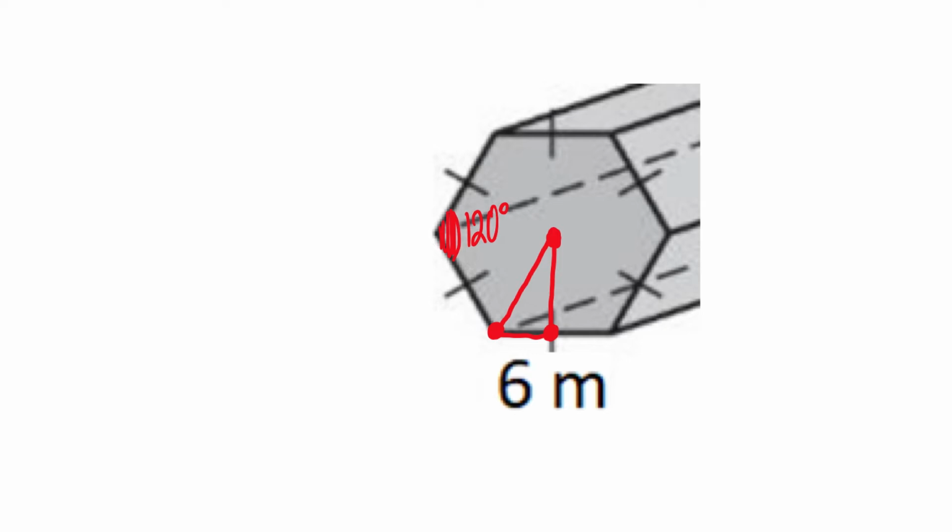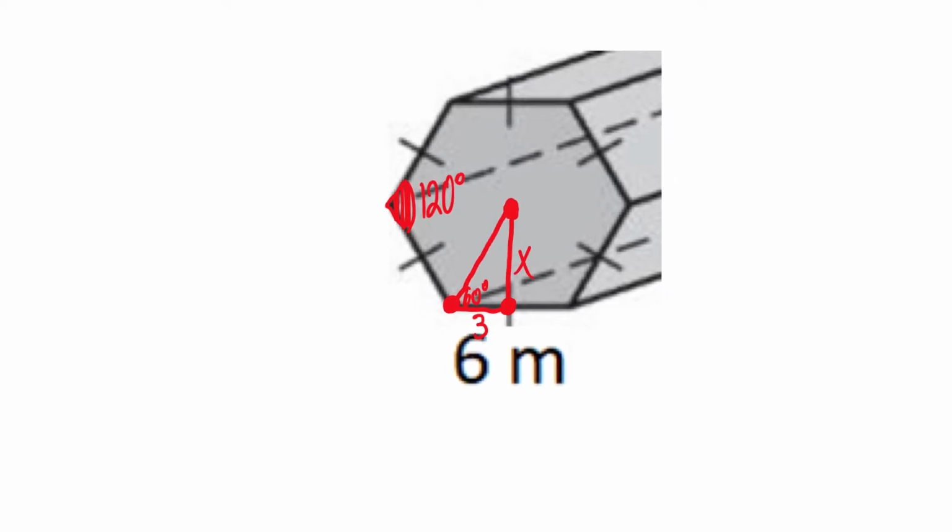The whole angle is 120. So how big is this angle going to be? Half of that is going to be 60. This is 3 because it's half of 6. This is the side I'm looking for.